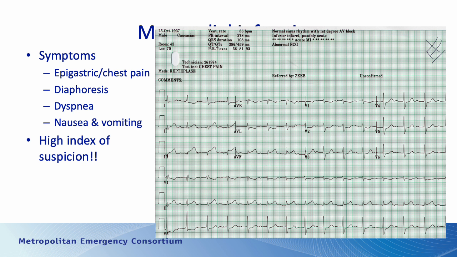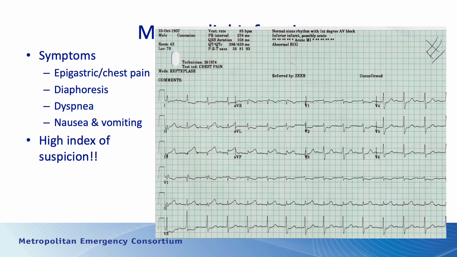The last things we want to talk about here are mimics. So always think about cardiac ischemia, particularly in inferior MI, particularly in patients who have epigastric pain or epigastric and chest pain. They can have nausea, vomiting, dyspnea, and diaphoresis. A couple times a year, when a patient comes in with upper abdominal pain, we'll get an EKG, and you look at it, and you've got ST elevation in the inferior leads.